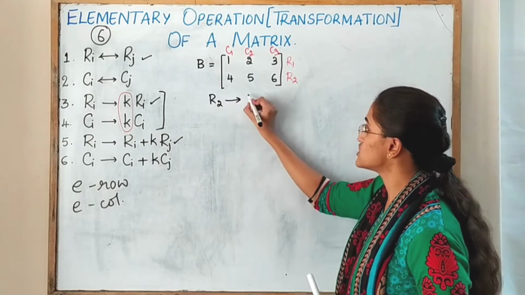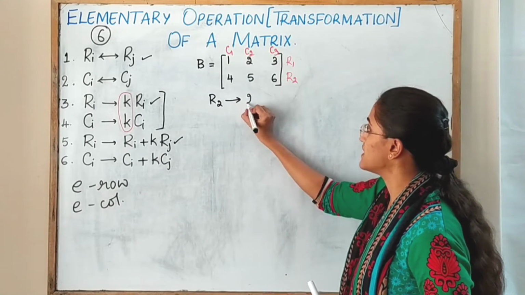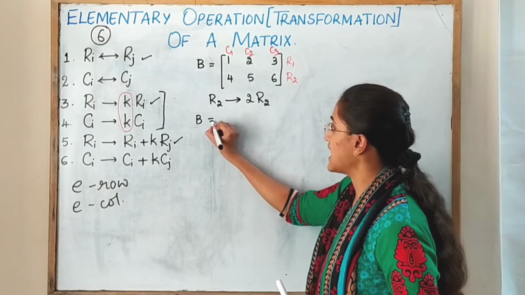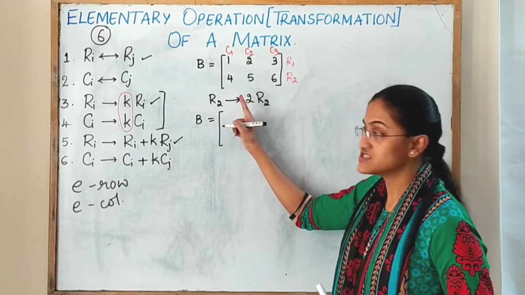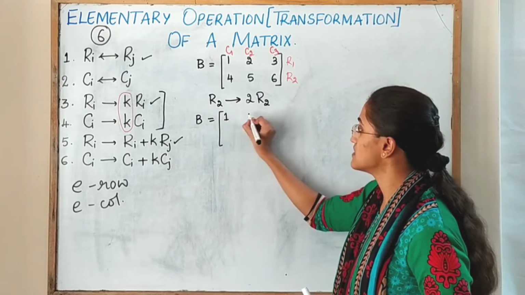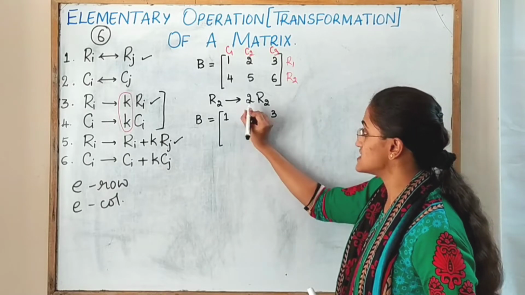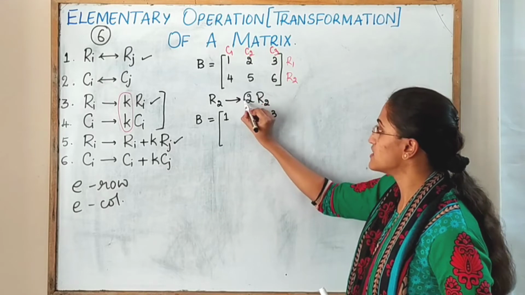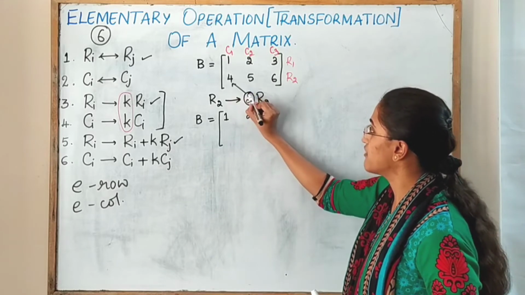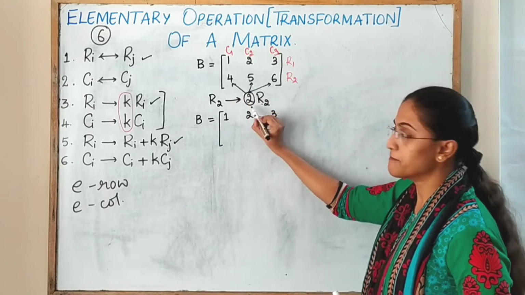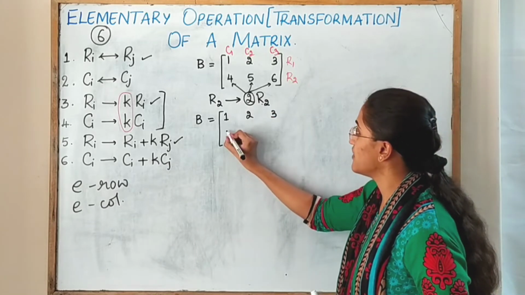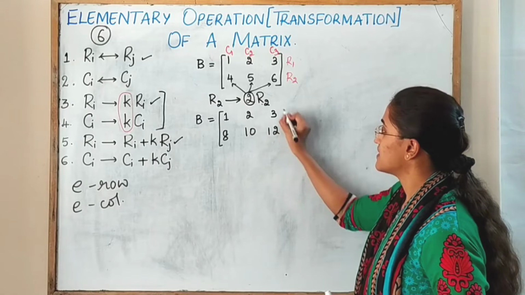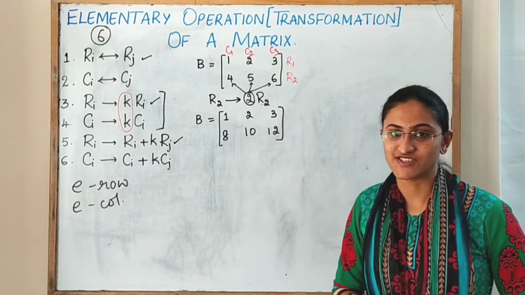If I wish to multiply R2 by 2, then we get a new matrix as R1 does not change, only R2 is changing, and we multiply every element of R2 by 2. You need to multiply every element of R2 by 2, and hence we get this as our new matrix.